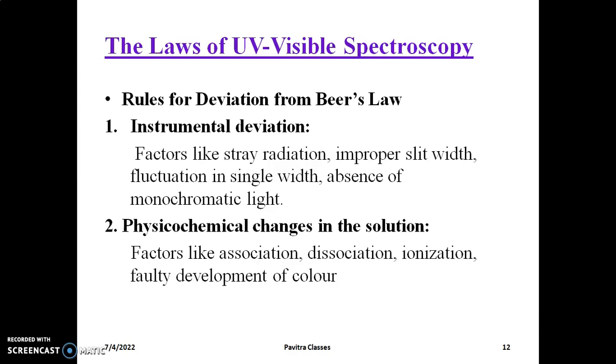If polychromatic light is passed, it may cause deviation in the Lambert's law. It will not give a straight-line calibration curve or a linear relationship between concentration and absorbance. Second is physicochemical changes in the solution: association, dissociation, ionization, and faulty development of colors. These may also cause deviation in Beer's law.